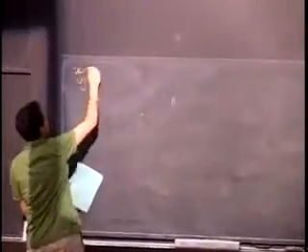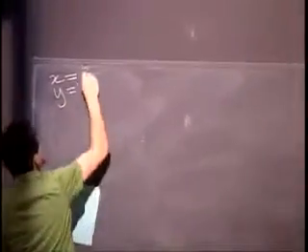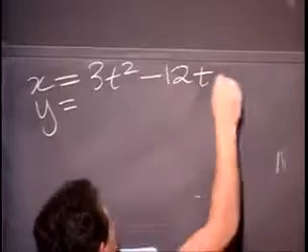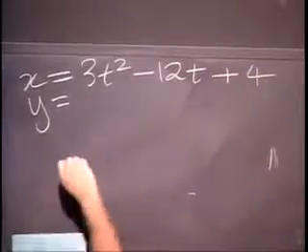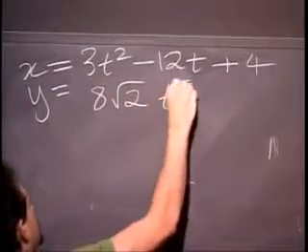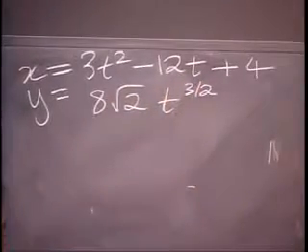Here's an example. Suppose you take y and x in parametric form. x is equal to 3t squared minus 12t plus 4, and y is equal to 8 root 2 t to the 3 halves. Yuck.